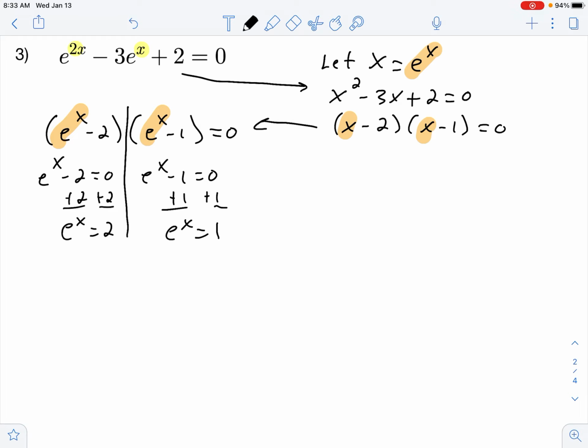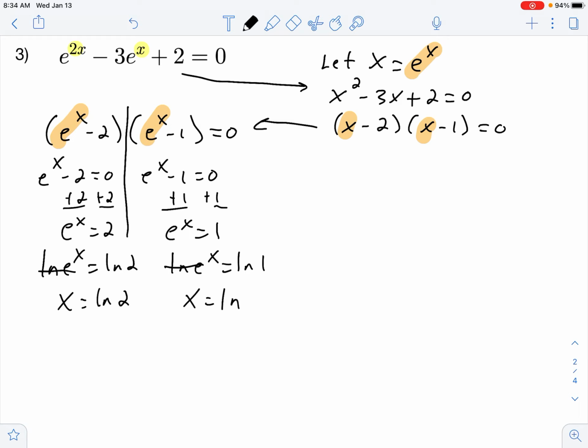Well, of course, that's not the solution. We're trying to solve for x. So we have the natural base, so we're going to do ln to both sides, and then do ln here. So of course, that gives me x is equal to ln of 2, and x is equal to ln of 1. Of course I did not put the ln here, sorry about that.